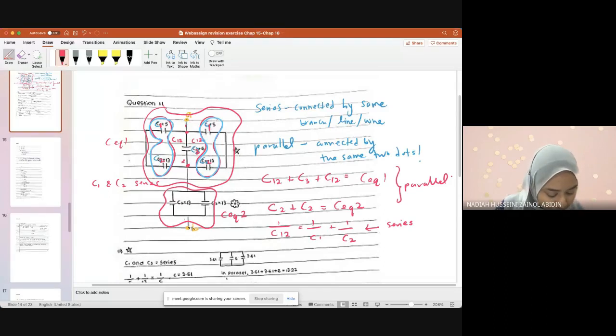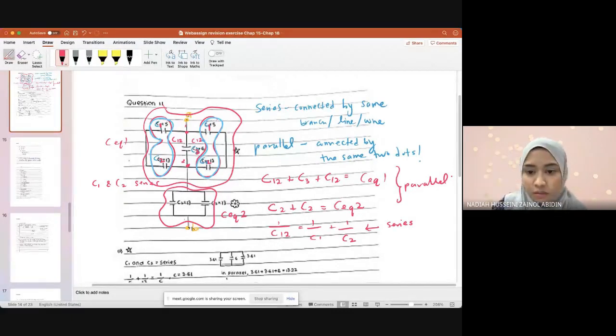So C1, C2, CS is 1 over C1 plus 1 over C2, correct. Okay, C3 is in parallel, CP1. What is CP1? CP1 is CS plus C3, CS. Okay, correct. CP2, C2 and C2, correct.